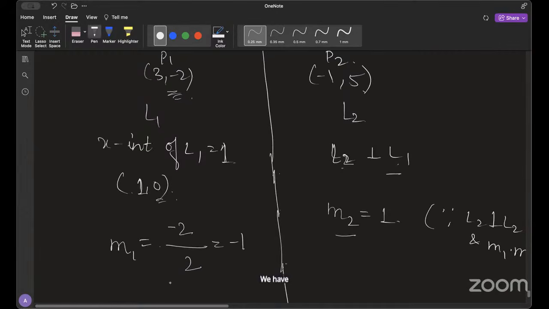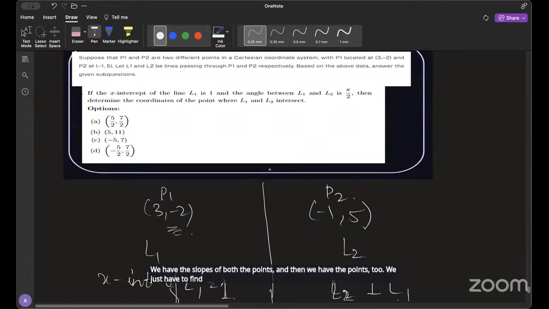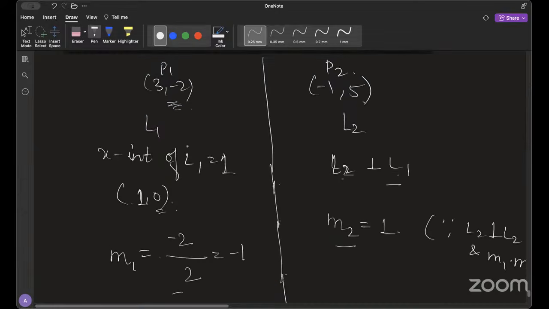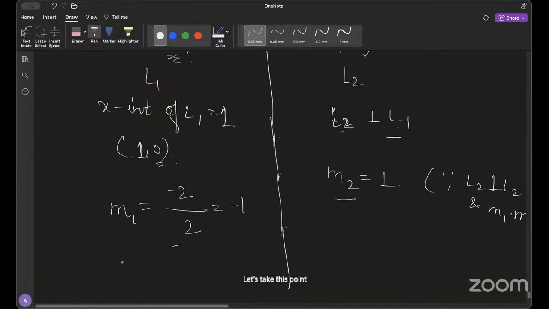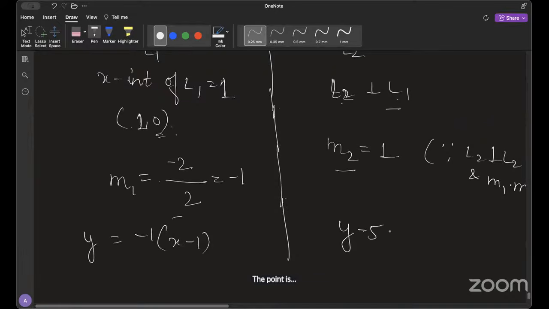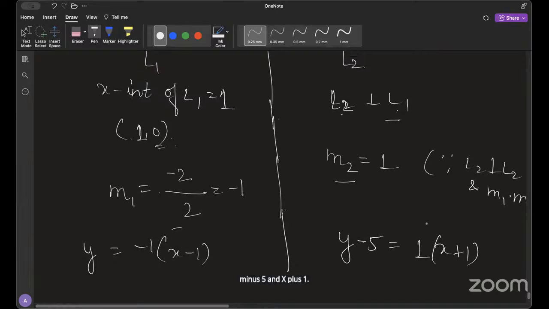So we have the slopes of both lines and we have the points too. We just have to find the point of intersection, right? Let's take this point. So the equation becomes y minus 0 equals minus 1 times x minus 1, and here the equation becomes y minus 5 equals x plus 1.